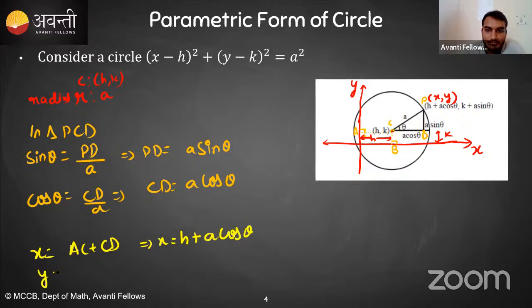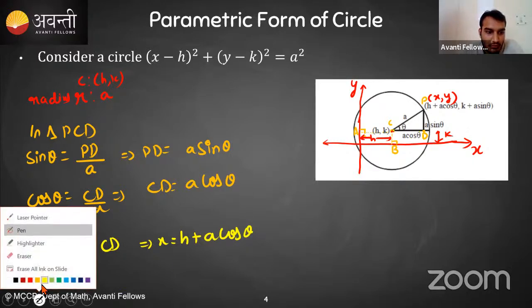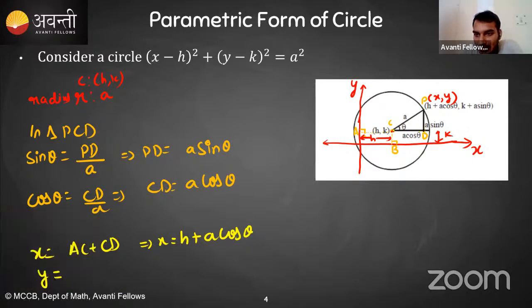Similarly, what is y? Y is nothing but this distance, yes or no? If you look closely, the y is nothing but CB plus PD, right? So what is CB?